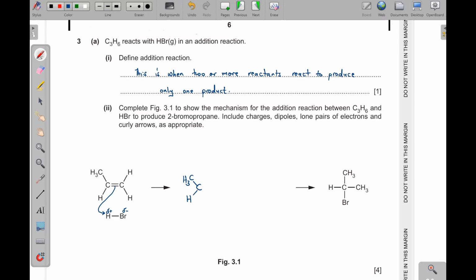Okay, now we always say that the rich get richer. The carbon with more hydrogens gets the hydrogen first. So we shall have now a carbon here, and then we have the 3 hydrogens. Then this one will have a positive charge. So this one is a carbocation. You see that?